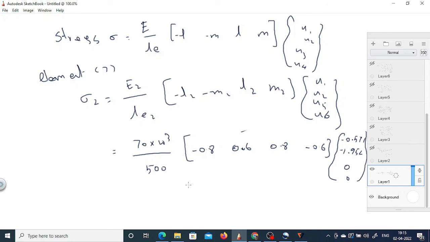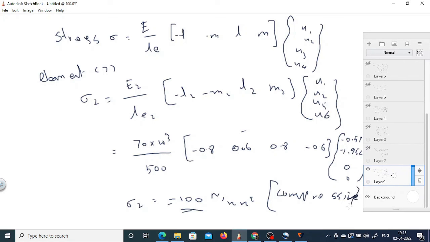Which is the equation. From this I can get the sigma 2 value with the aid of calculator is minus 100 Newton per mm square. Okay, which is the answer. Why did I get minus? If the minus sign is there, the stress is compressive. So in this problem, compressive stress acted. Likewise, we can identify the problem answer.